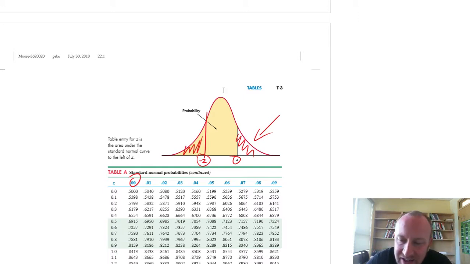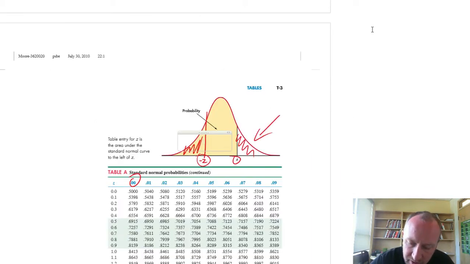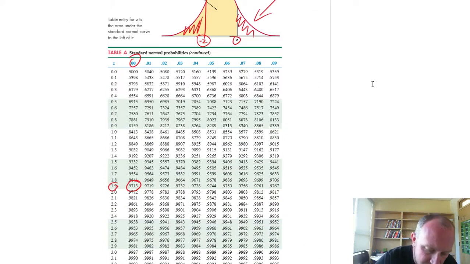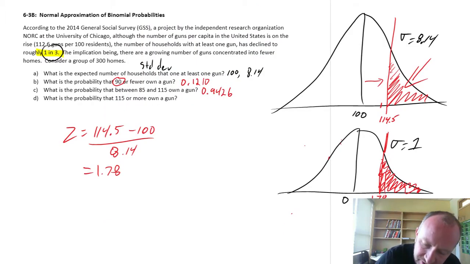So the test statistic here is 1.78. Let's look up 1.78, and where those come together I get 0.9625. That gives me the area here.